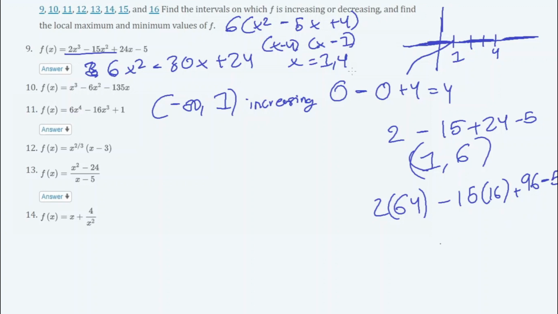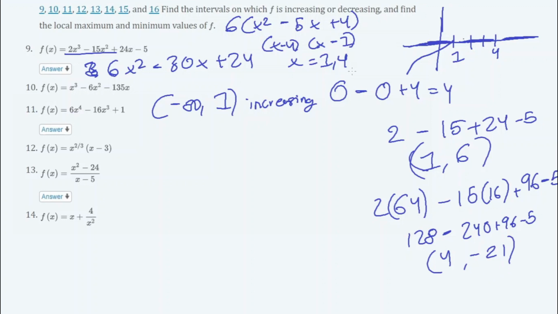So 64 times 2 is going to be 128, minus 15 times 16, which is going to be 240, plus 96, minus 5. Now 128 plus 96 is going to be 224, minus 240, and minus 5. So we're going to end up with negative 21, and this is going to be 4 comma negative 21 here.